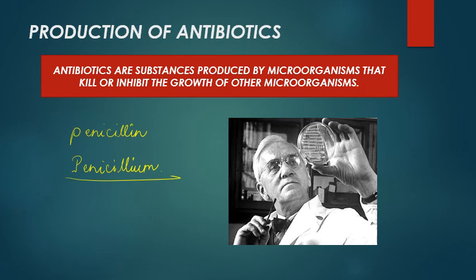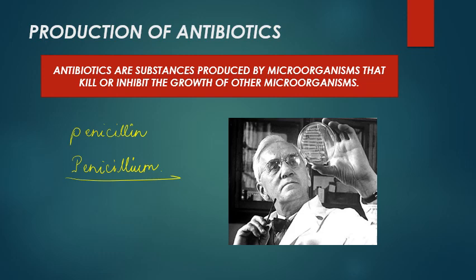It saved the lives of millions of people with bacterial infection, and after that a large number of antibiotics were produced. Amoxicillin, tetracycline, erythromycin are some of the common antibiotics which are obtained from fungi to destroy disease-causing microbes.